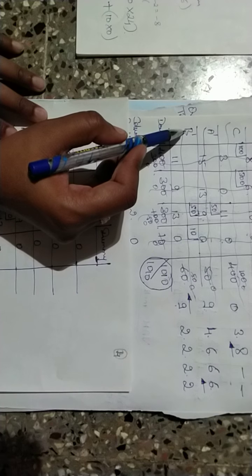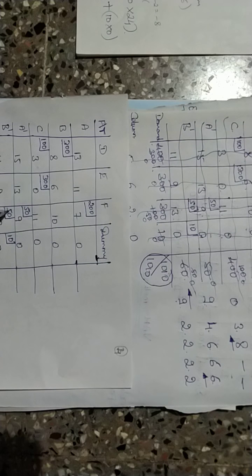And from B dash to F is also 50 units. Along with that, there is one more allocation from B dash to a dummy column, of 10 units. There are totally 7 allocations.